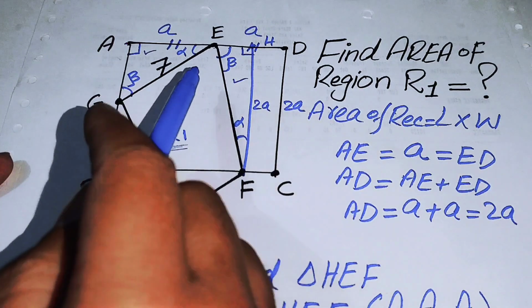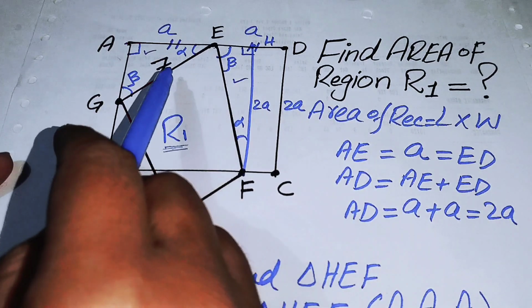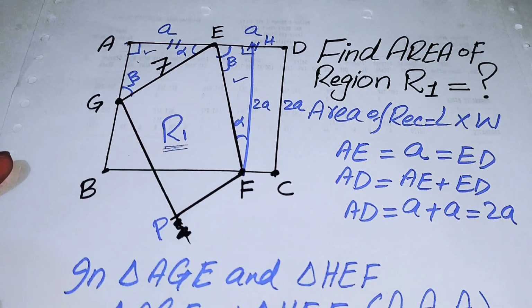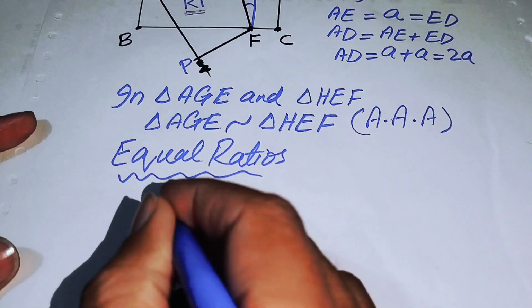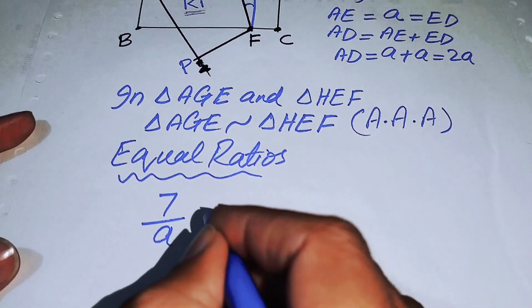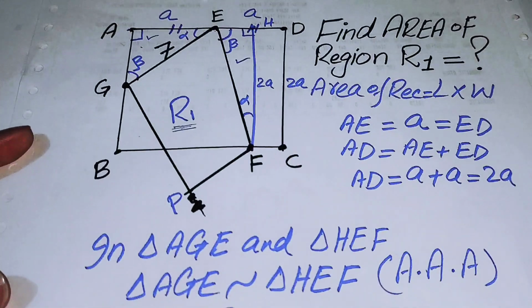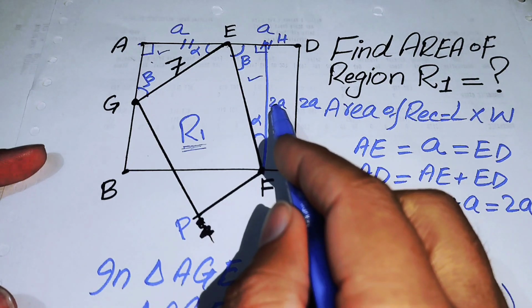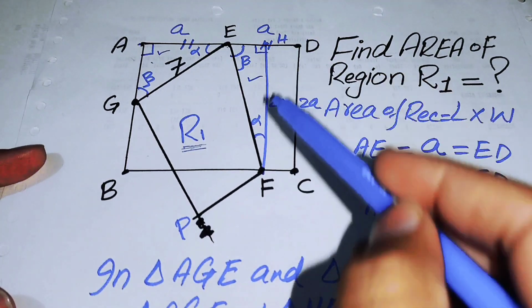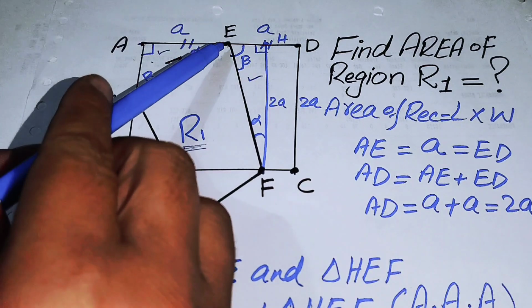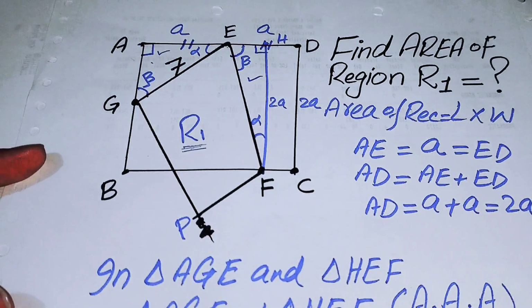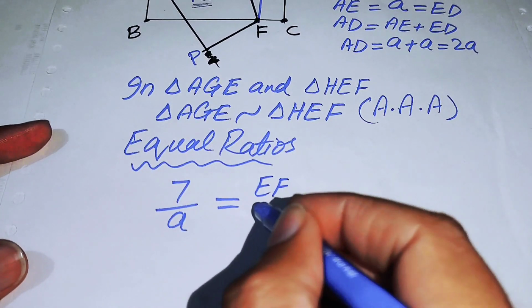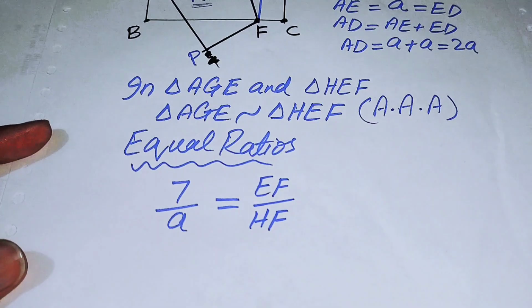First we write the ratio of this triangle, and it is 7 over a. So 7 over a equals the ratio of these two opposite sides. One opposite side is HF and the other is EF. So we write EF over HF.